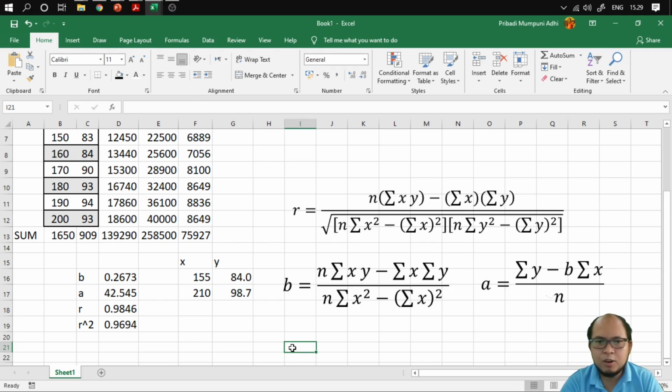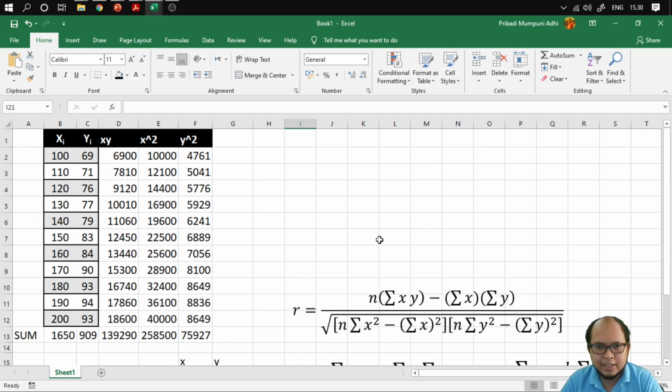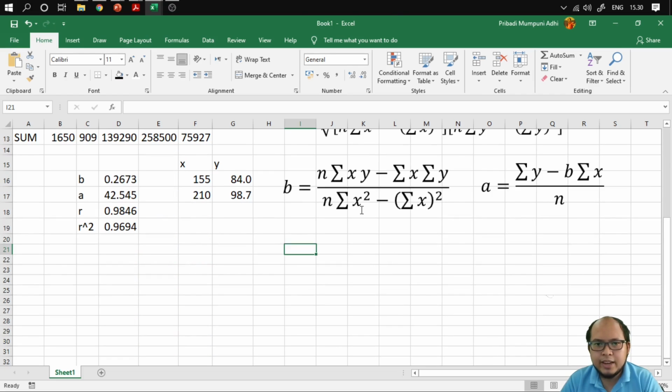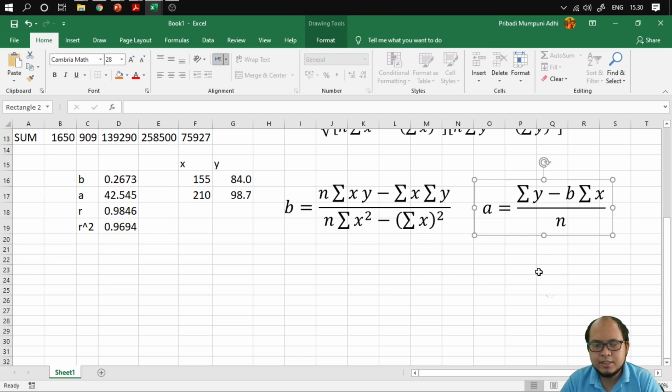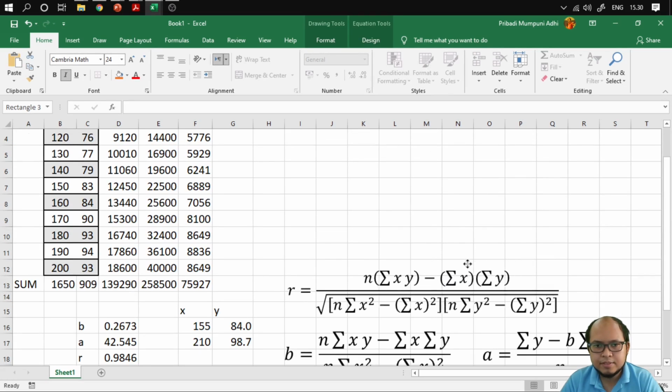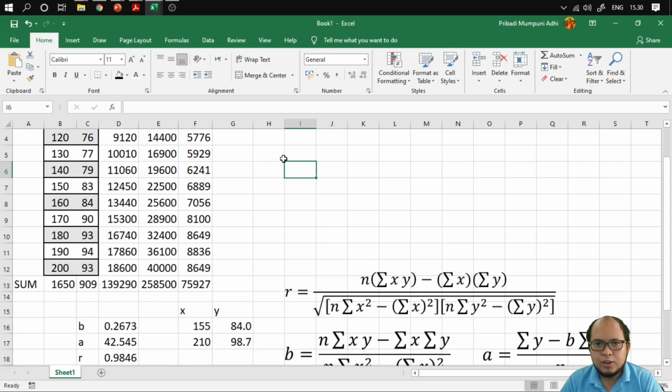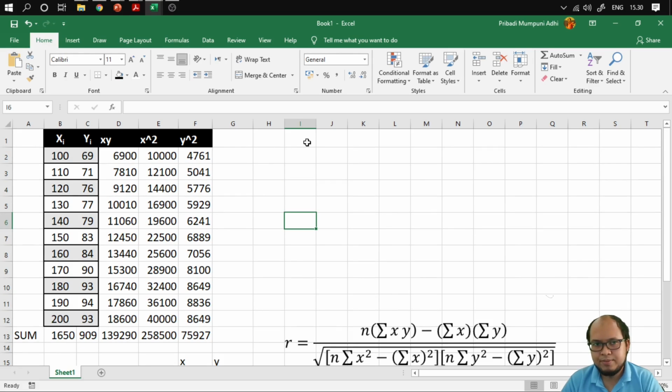So this one is one method using the formula, but rarely do we use the formula, because in Excel we can directly make a graph from this relation. So let's make a graph.